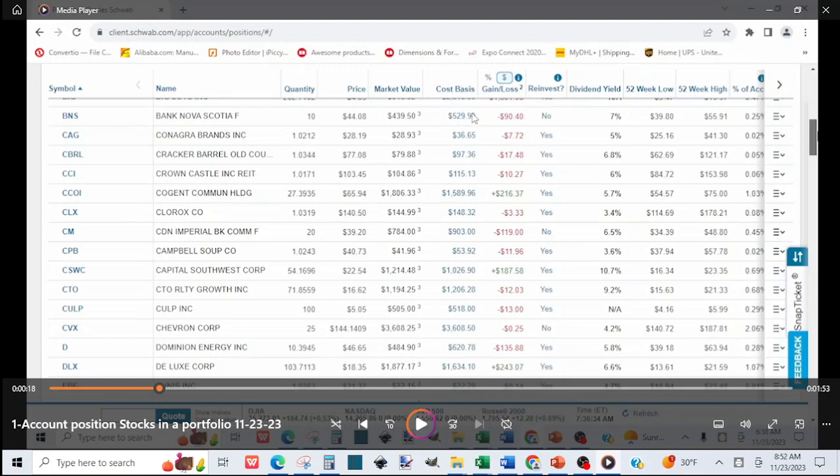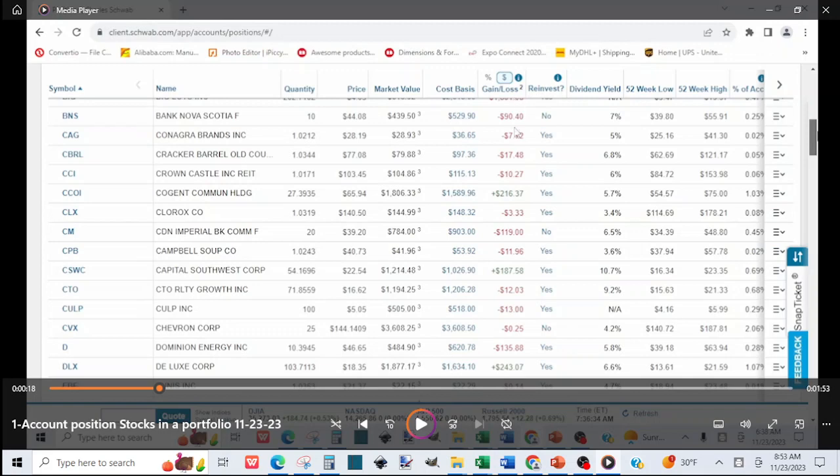And the cost basis, if you bought it multiple times, will be averaged for you. It will use how much you paid in total divided by the quantity you purchased to find the average. That's how the cost will adjust, and it will use that against the market value to find the gain or the loss.